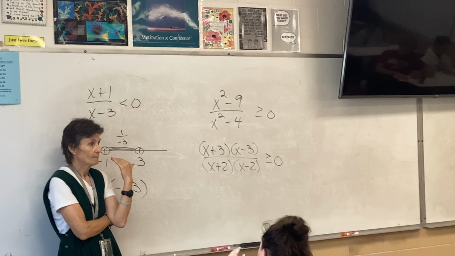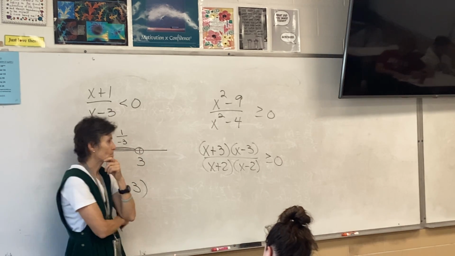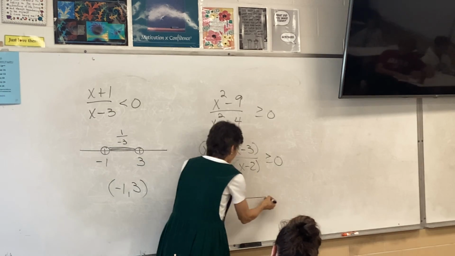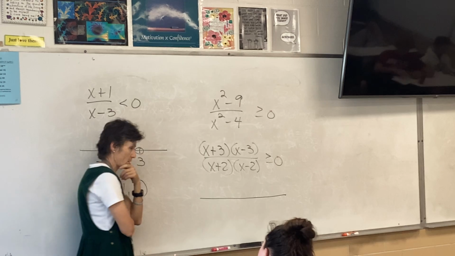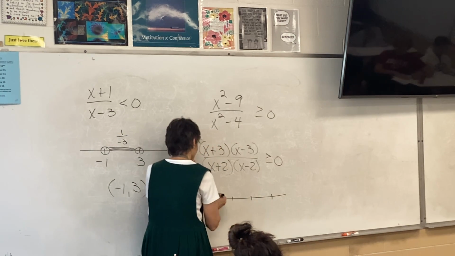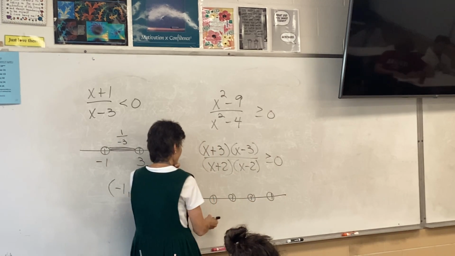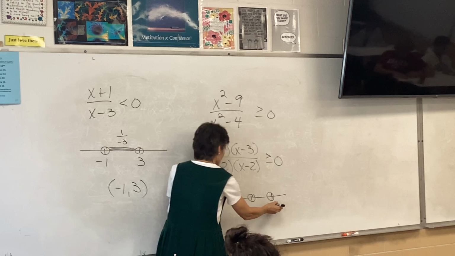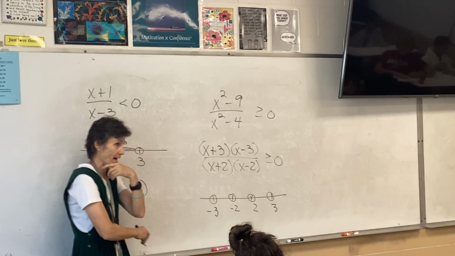Would you agree? Yeah, so nothing's gonna cancel. Here's my number line. How many dots am I gonna have this time? 4. I'm gonna have 4 dots. And the dots are gonna be at -3 and 3, and -2 and 2. Would everybody agree with that? Yeah.